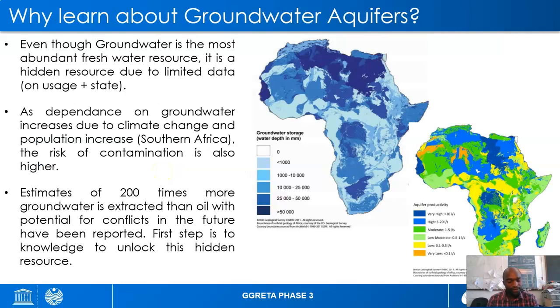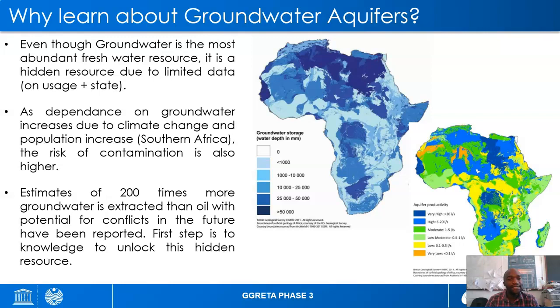Okay, so just to really give a value proposition of why it is important that you go through this particular module, groundwater is the most abundant freshwater resource. However, it is hidden. And because it is hidden, normally it is also under threat. It's threatened because it is out of sight and therefore out of mind.